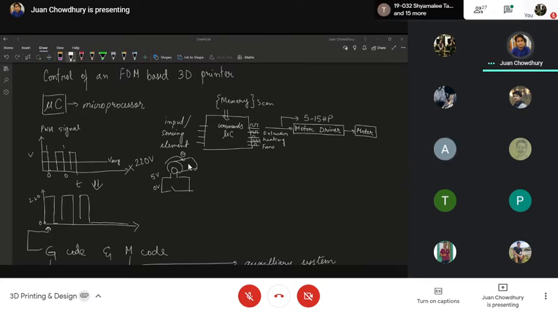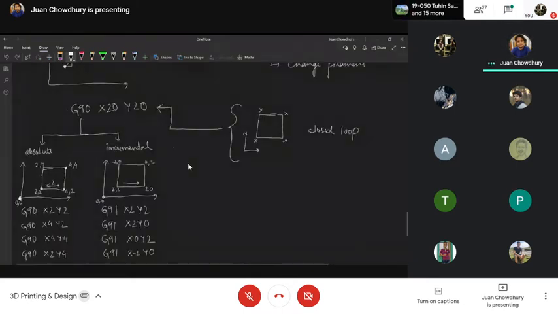Okay. Say we know X and Y, but I want the controller to understand that it should move in a straight line. For that I use G90. If I want it to move in a straight line but with an incremental coordinate system, I use G91.